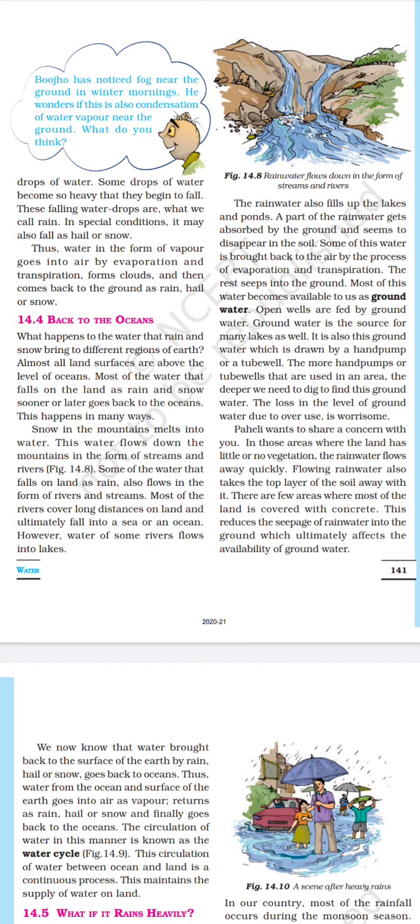Most of the rivers cover long distances on land. It is quite natural that a few rivers are very short in length and a few rivers cover long distances on the land and ultimately fall into a sea or an ocean.